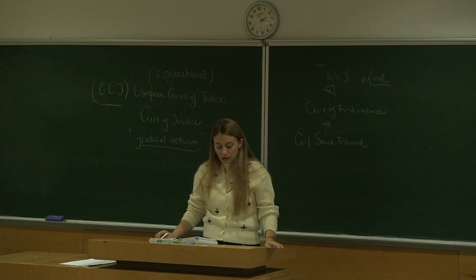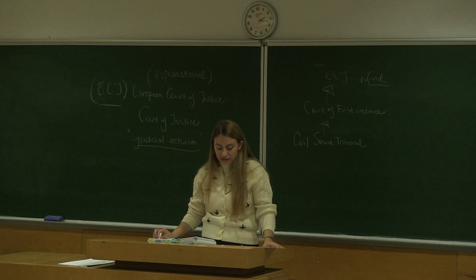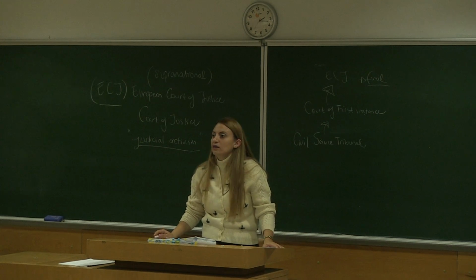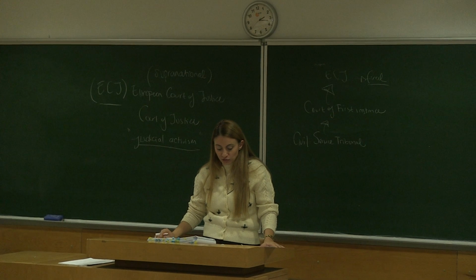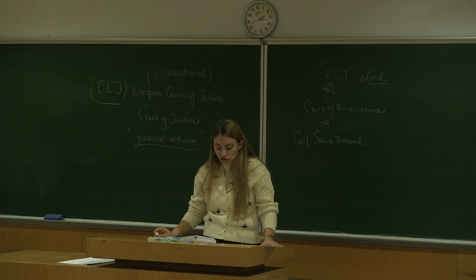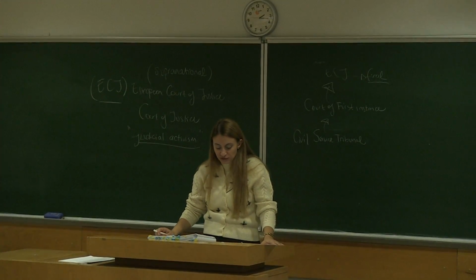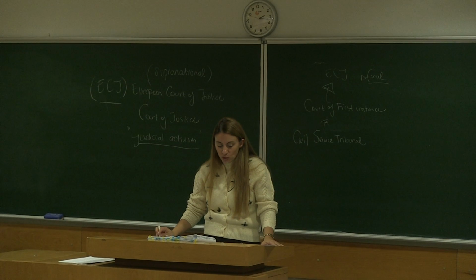What is the role? The role of the ECJ, as specified by the treaties, is that the Court of Justice and the Court of First Instance shall ensure that the interpretation and the application of the treaty law is observed. What does that mean?